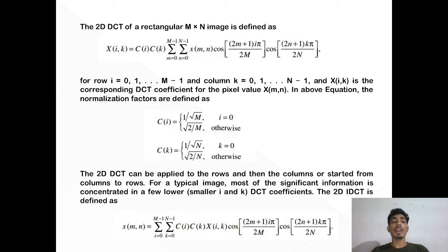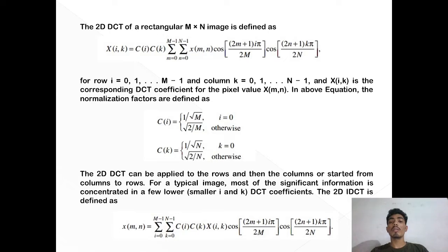Here i is the row index, which varies from 0 to M minus 1, and the column index k varies from 0 to N minus 1, and X(i,k) is the corresponding DCT coefficient of the pixel value x(m,n).